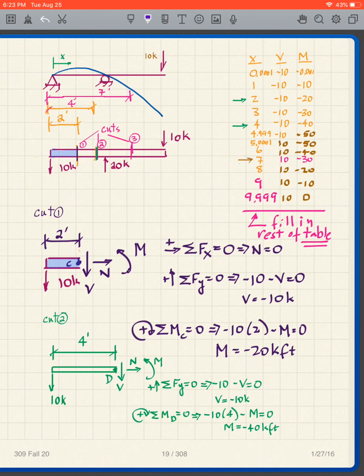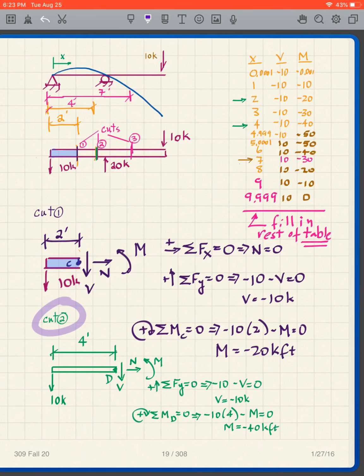When I look at that free body diagram, again taking clockwise as positive, I end up with negative 10 times 2, and then that's also counterclockwise, minus M equals 0. And I get M is equal to negative 20 kip feet. Okay, so that's my cut number 1.